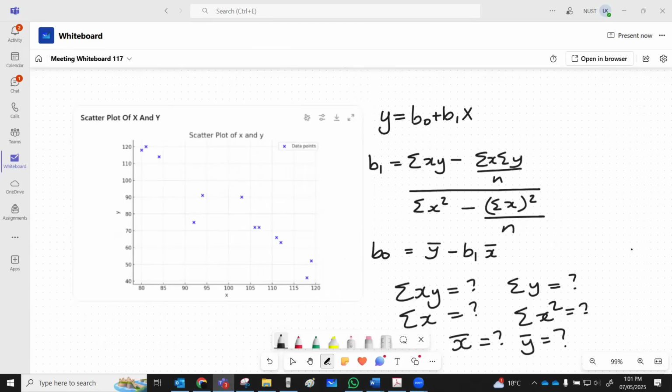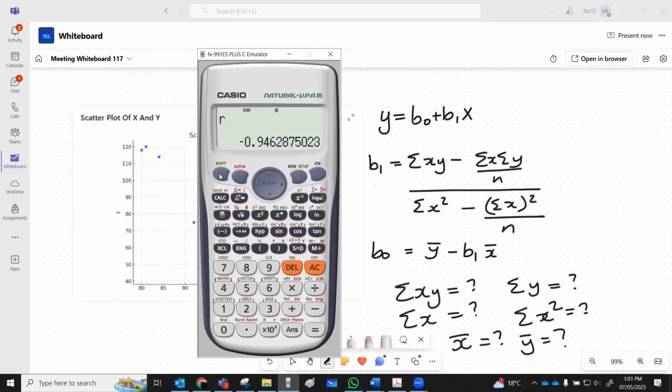You can do this very easily on your calculator, because you go shift, stat, and then the sum 3. So number 1 is this one here, number 2 is this one here, sum of x, y is number 5, and so on. So all of this you can do without drawing the tables, which can take quite a long time, and it's very easy to make a mistake.